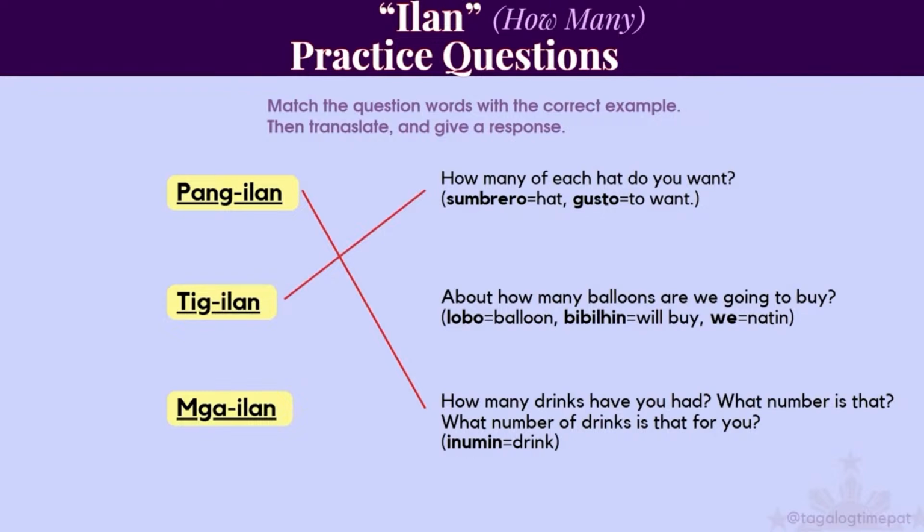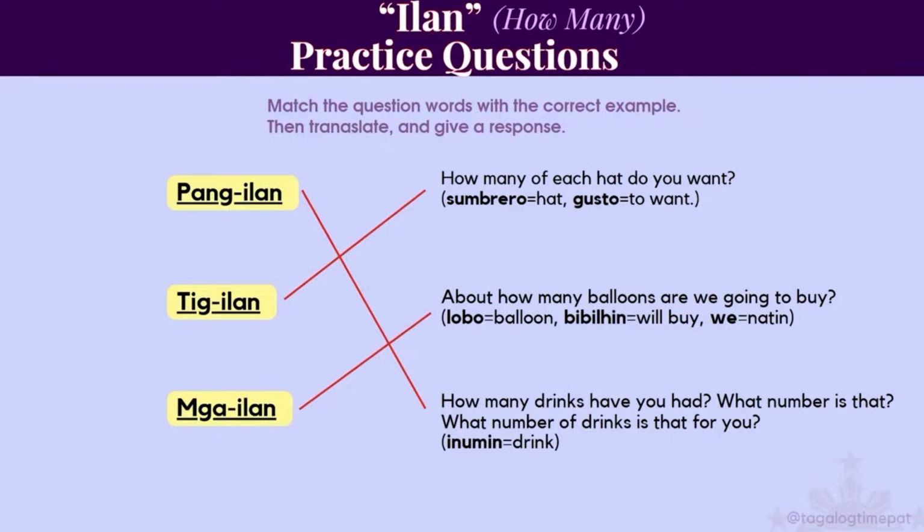Tig ilan would be how many of each hat do you want? So it's asking about the amount of each. Mga ilan, about how many balloons are we going to buy? So it's an estimation. We don't know exactly. It's just about how many do you want. Okay, so hopefully you were able to match them.